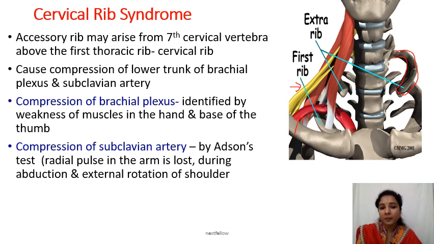And compression of subclavian artery is identified by Adson's test. In Adson's test the patient is asked to raise their hand and the pulse is felt in the raised hand position, where the radial pulse in the arm is lost during abduction and external rotation of the shoulder and in raise of hand.